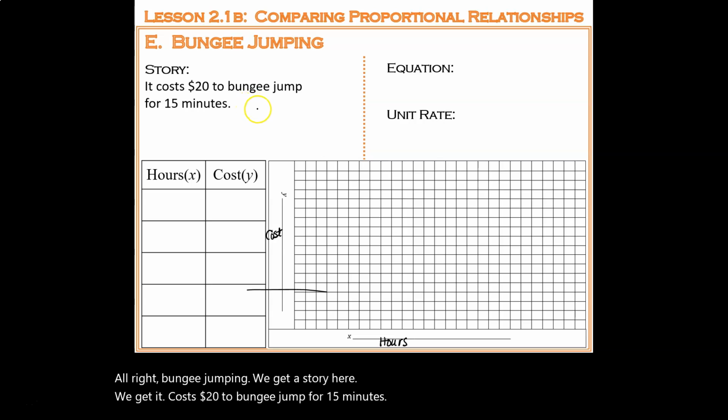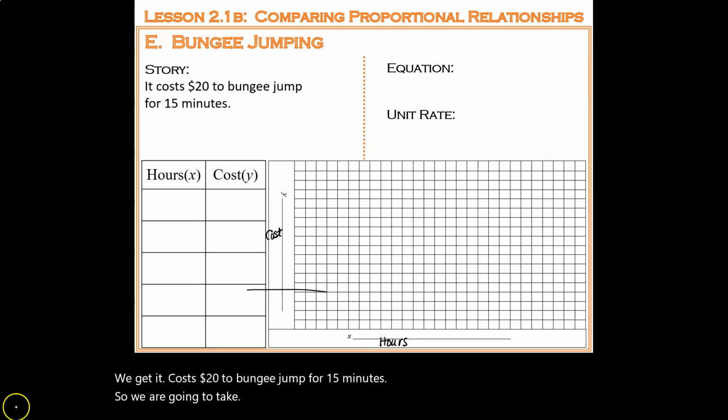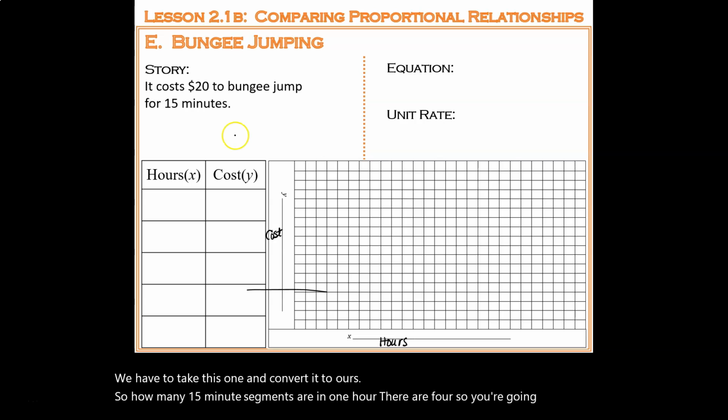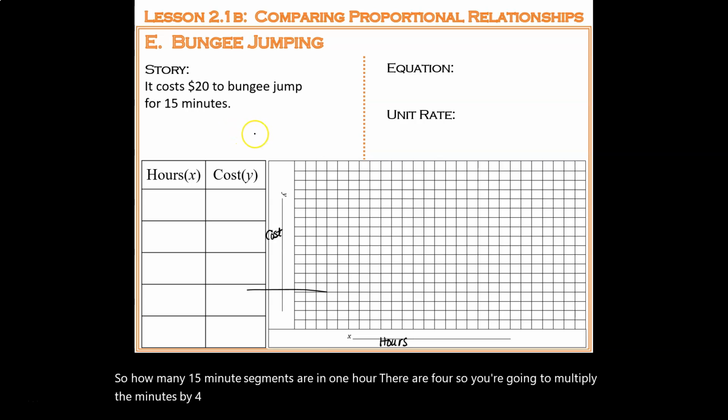So we are going to take this one and convert it to hours. So how many 15-minute segments are in 1 hour? There are 4. So you're going to multiply the minutes by 4 to get to 60, which is an hour. Then you're going to multiply the 20 by 4, which makes it 80.